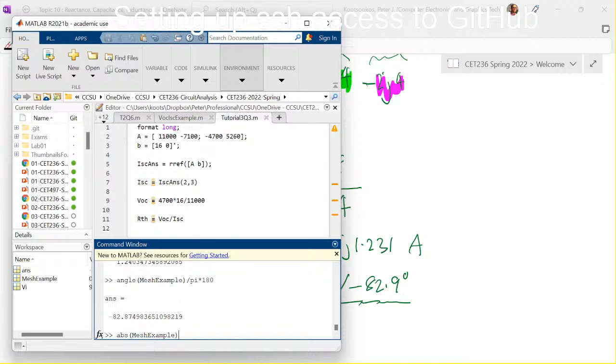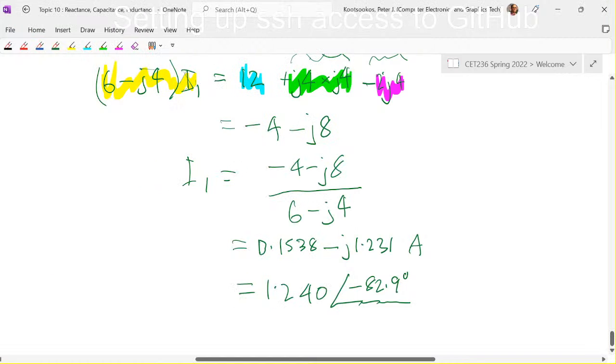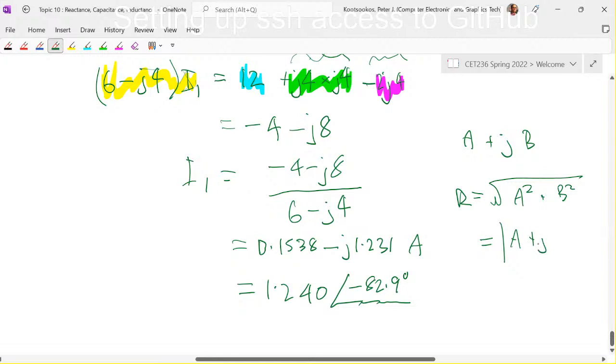Right, so sometimes you write a plus jb, and what I've been saying is r equals the square root of a squared plus b squared. But another way of writing that is the absolute value of a plus jb. That's where the ABS comes from.